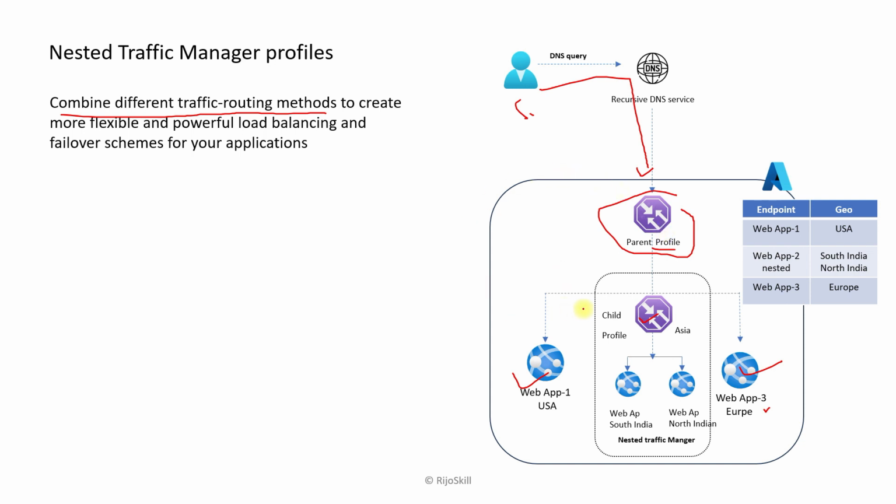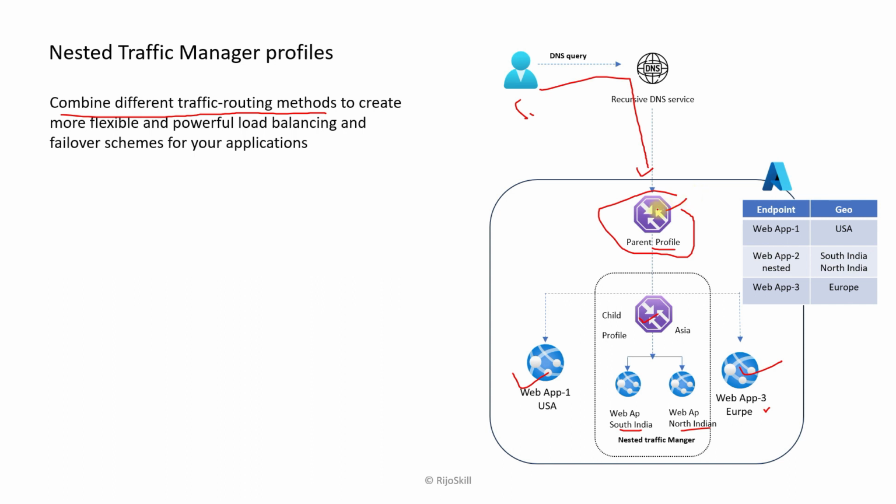My aim is to distribute traffic equally between South India and North India. So what happens? For your endpoint, you create one child endpoint. Your first endpoint uses the performance routing method.